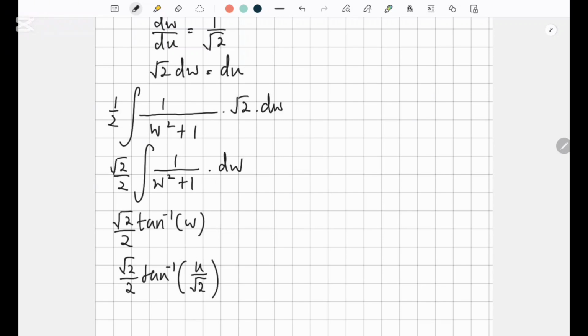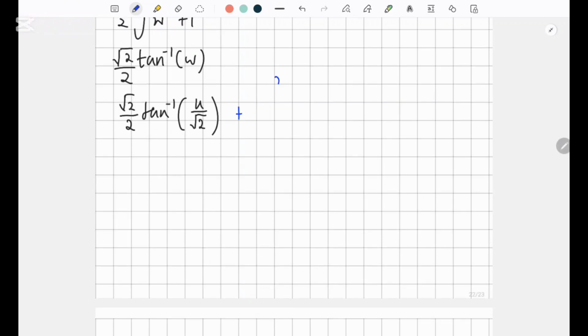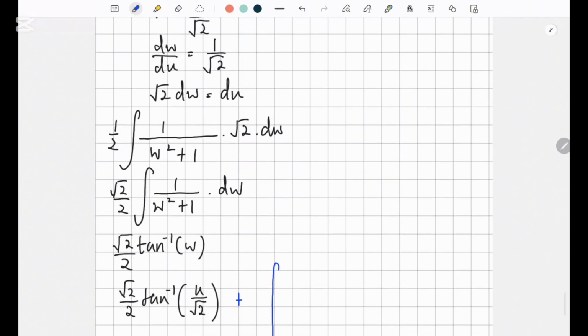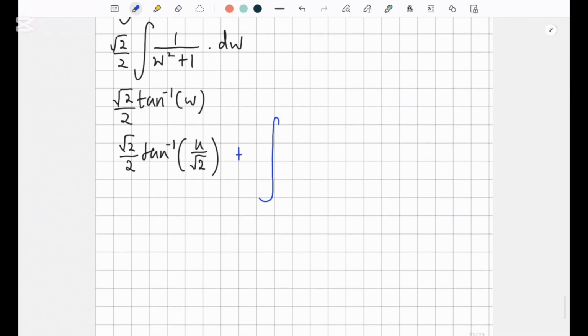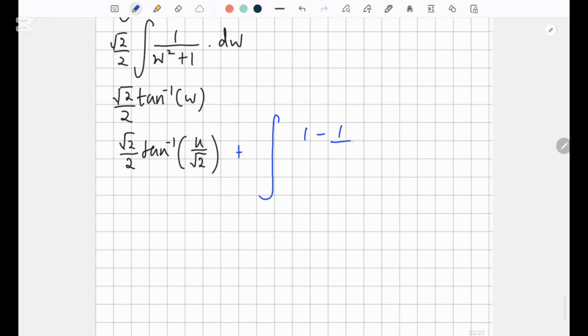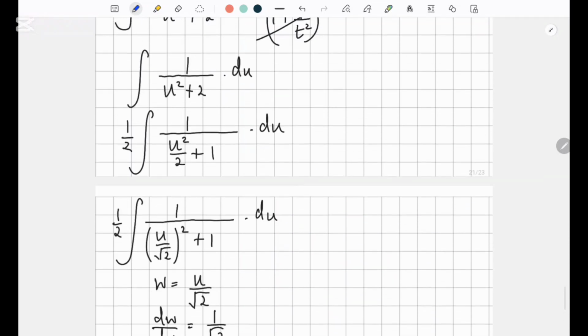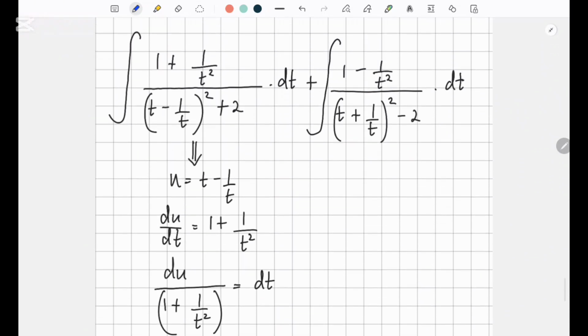So your answer would be this plus, I just changed the color so that things won't look jumbled up, integration of (1 minus 1 over t squared) over ((t plus 1 over t) squared minus 2) dt. That is what we have to integrate now.